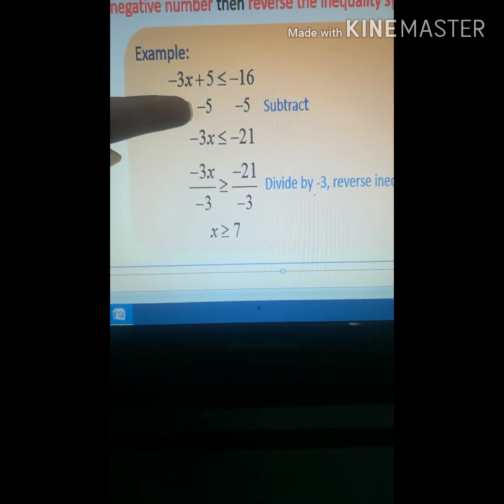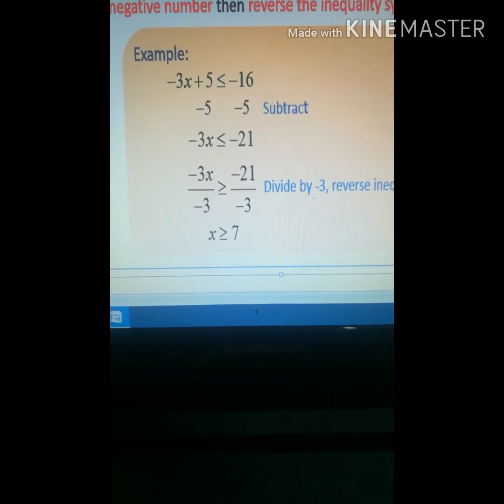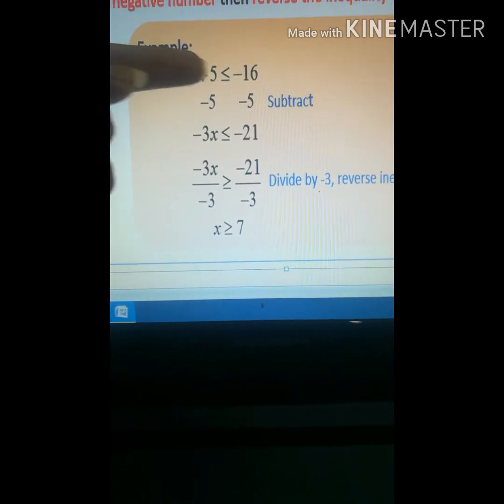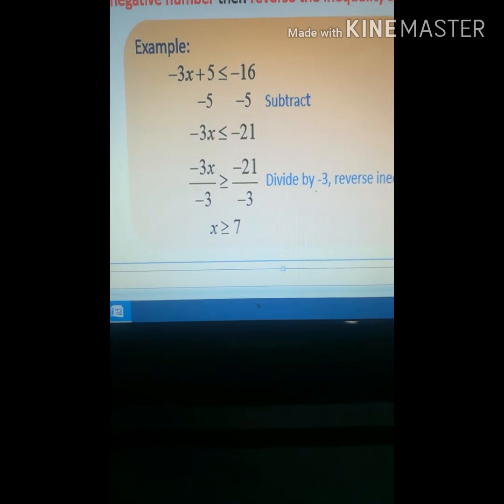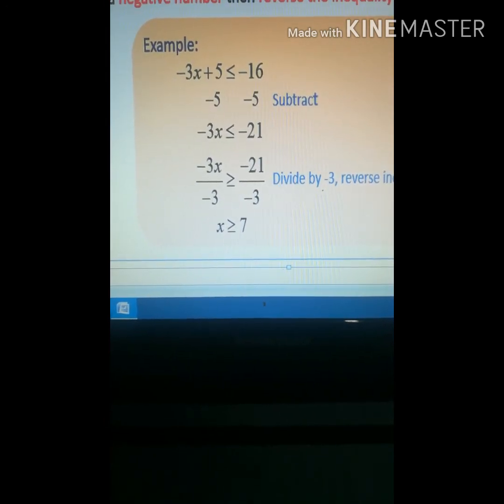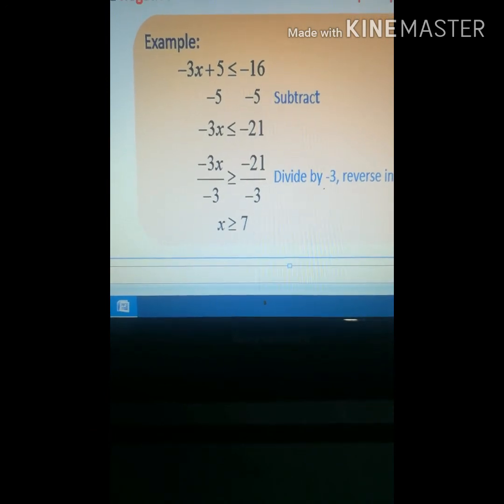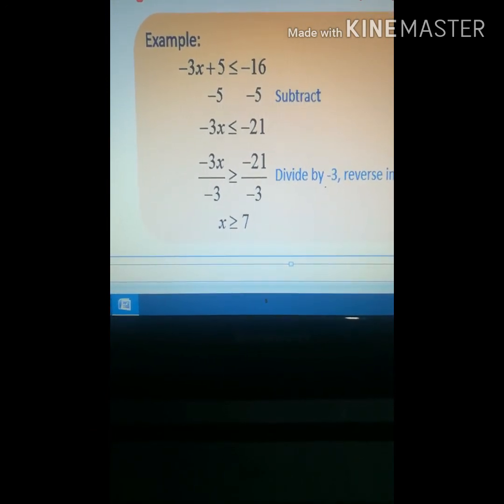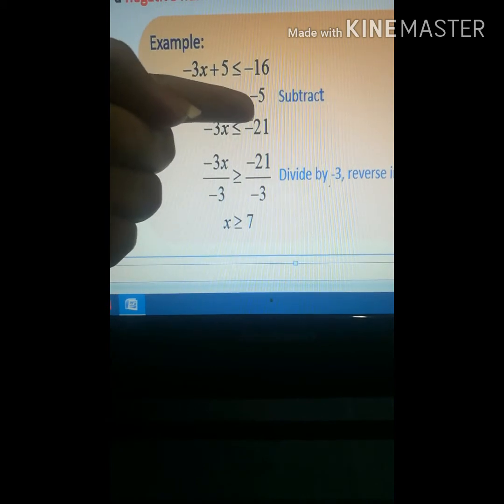So minus 5 on each side, and then you put down the inequality. Plus 5 minus 5 is 0, it goes away. We get rid of it.